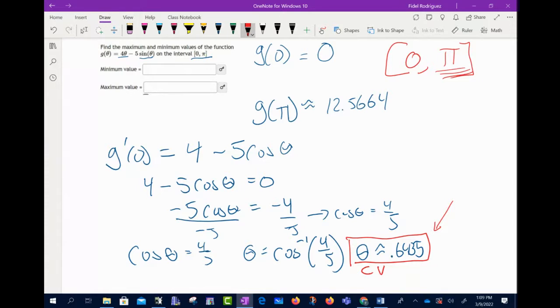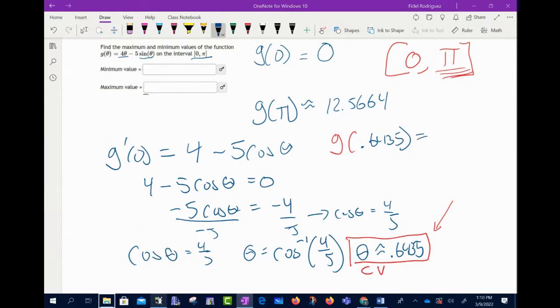You see what I mean? So guys, if the answer we would have come up with, I'm just going to make this up, would have been a negative value, or like a 5 point something, then we'd say, hey, I'm not going to sweat it because it has to be in the bounds of that interval. So now, y'all, we're going to find g of 0.6435.